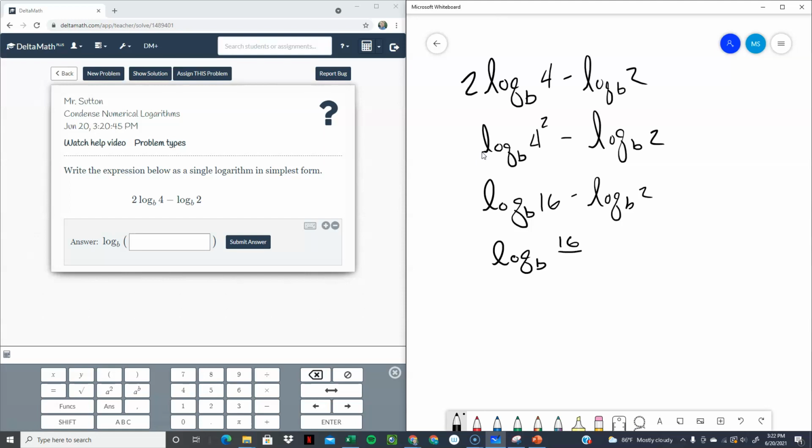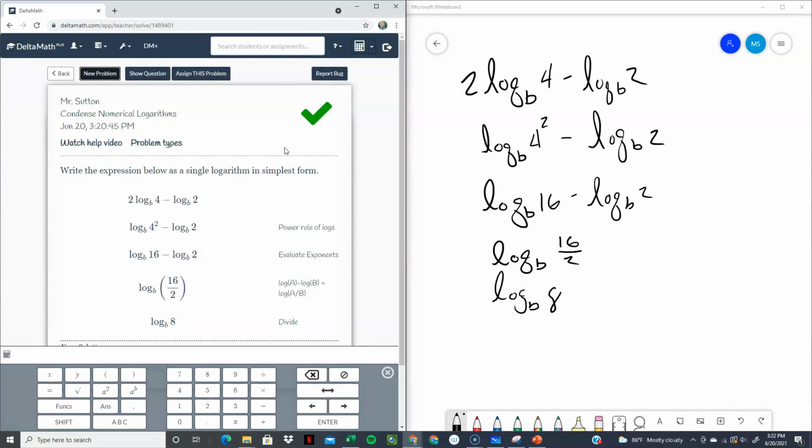So that's 16 divided by 2, which is 8. That's not how you write that. No equal sign. 16 divided by 2 is just 8. So that is what goes in the argument. All right.